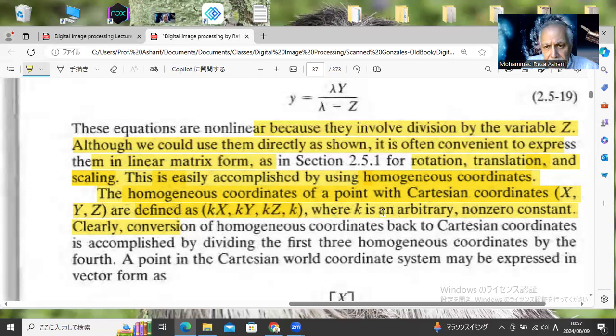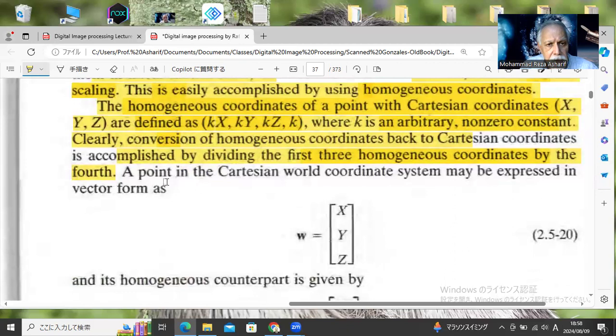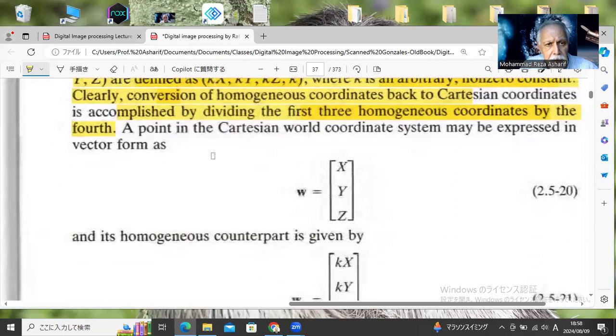K is just an arbitrary nonzero constant, and conversion is very easy. Conversion to Cartesian is just accomplished by dividing the first three coordinates by the fourth, as I said. A point in Cartesian coordinates is expressed like this, W here, XYZ.